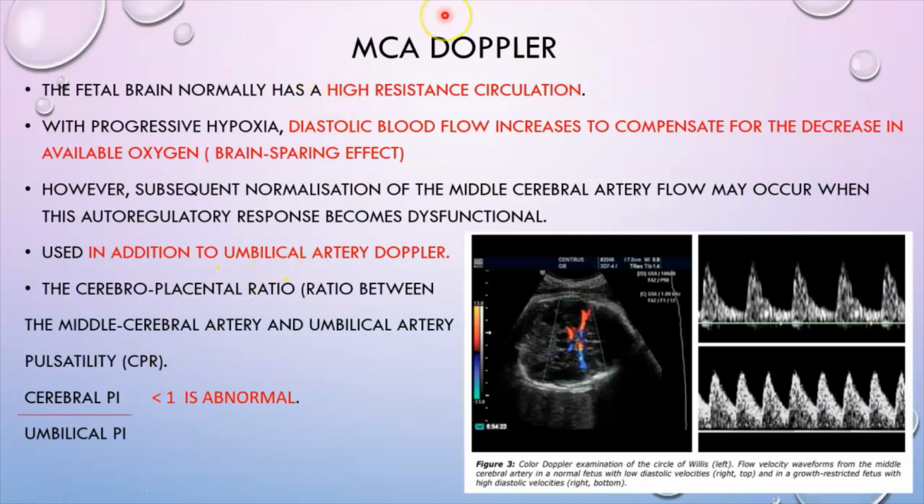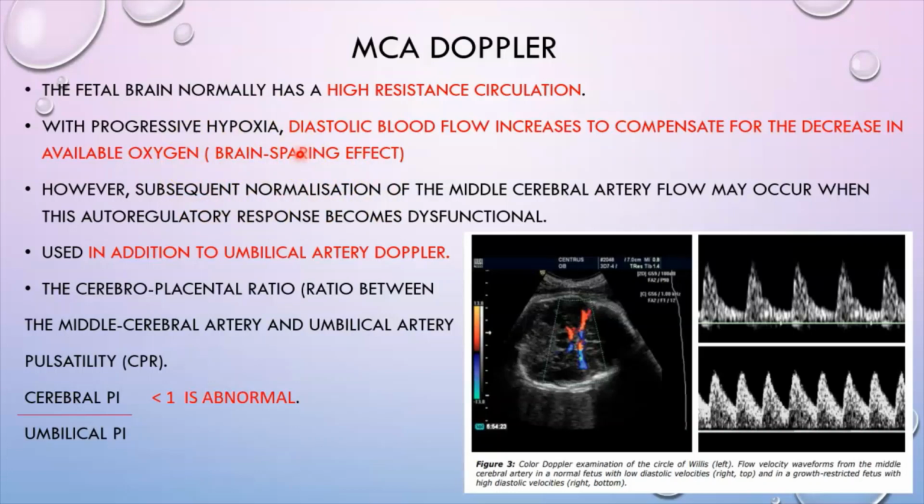Now, third is the MCA Doppler. How is MCA Doppler affected in FGR? Now friends, as we discussed earlier, the fetal brain normally has a high resistance circulation. But with progressive hypoxia, the diastolic blood flow increases. Why? To compensate for the decrease in the available oxygen, which we commonly see as the brain sparing effect.